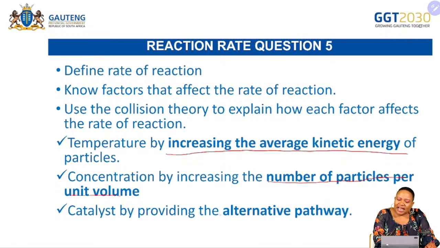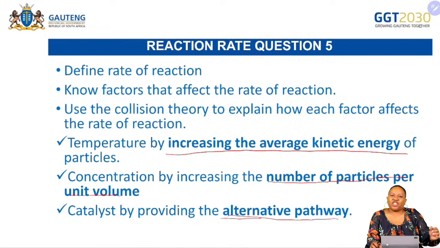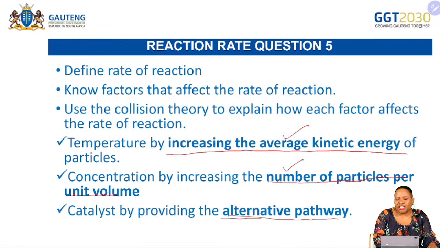And the catalyst does what? It provides an alternative pathway for the reaction to react. The reason I'm giving you this is because you need to know what each factor does in affecting the rate of reaction. So temperature increases the average kinetic energy, concentration increases the number of particles, and then catalyst.